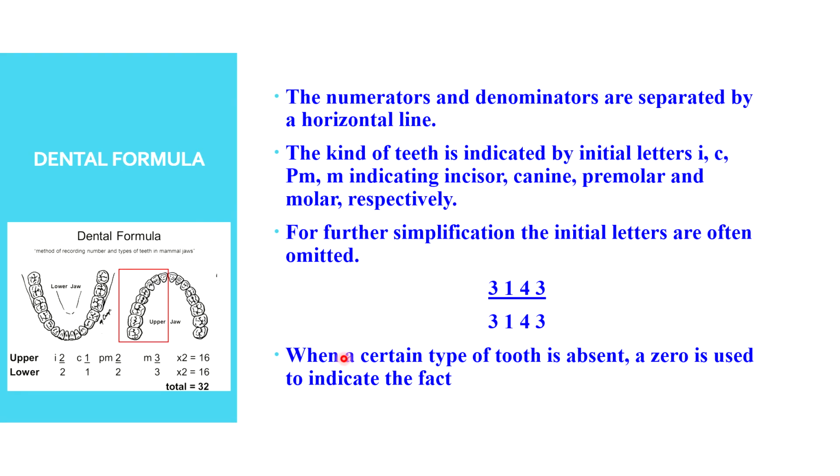So this is the type of dental formula, and when a certain type of tooth is absent, a 0 is used to indicate the fact.